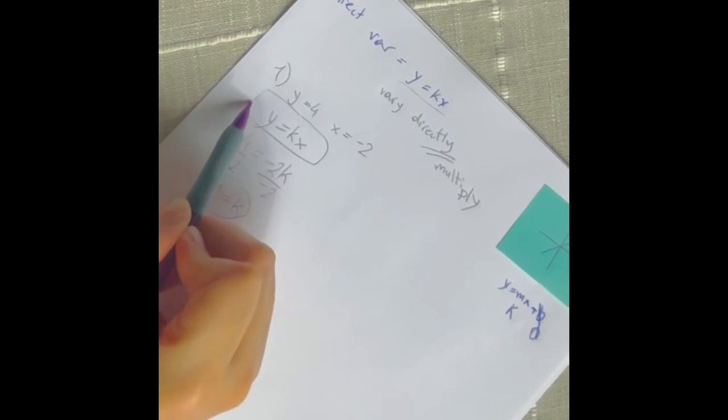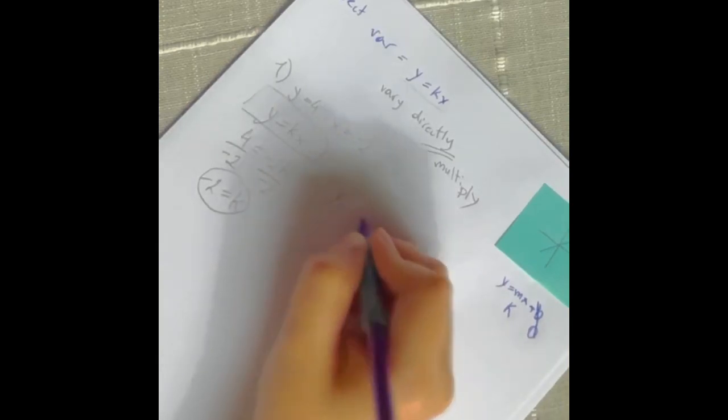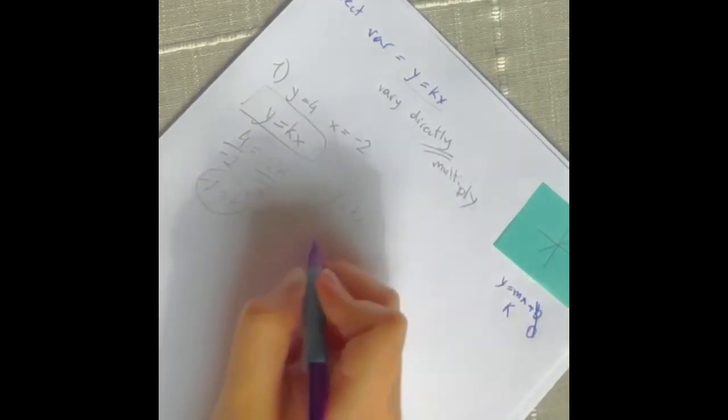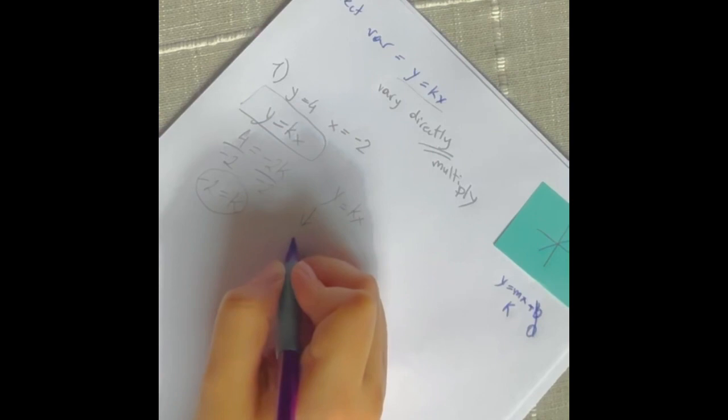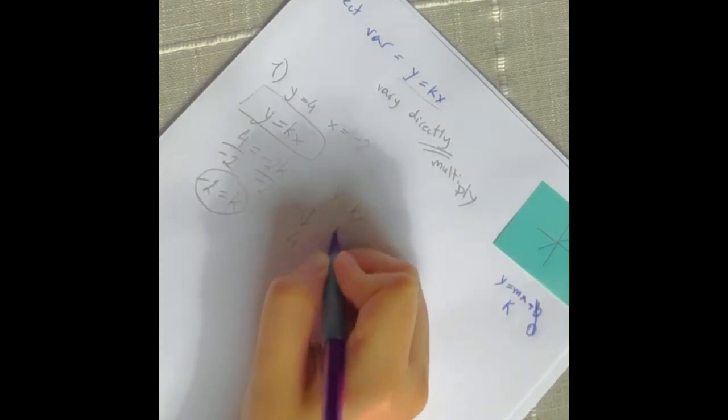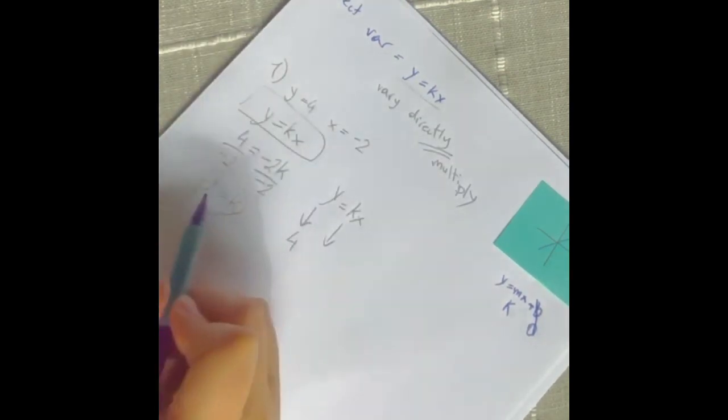Okay, this is what we found. If you want to check whether your solution is correct or not, plug it back into the original equation, which is this. You should know that by now. So y equals kx, y is 4, k is -2.